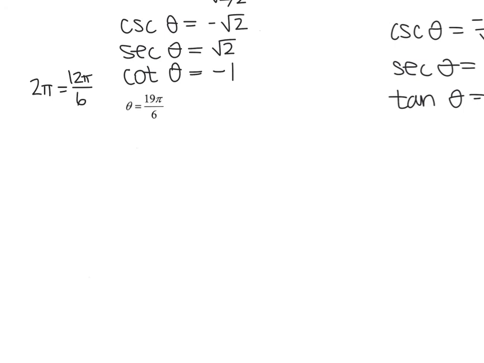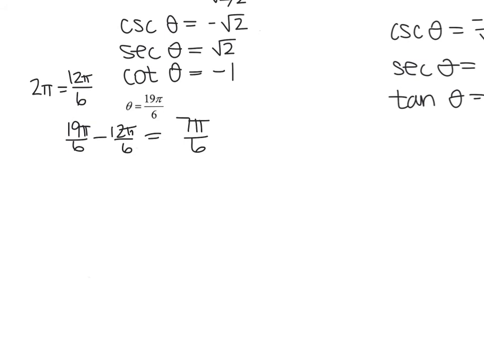So if I subtract 12 pi over 6 from 19 pi over 6 to figure out where we're at, remember, when we have common denominators, we only subtract the numerators, and 19 pi minus 12 pi is going to be 7 pi over 6.